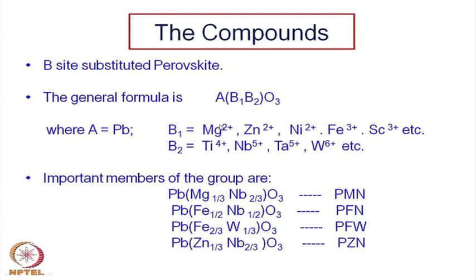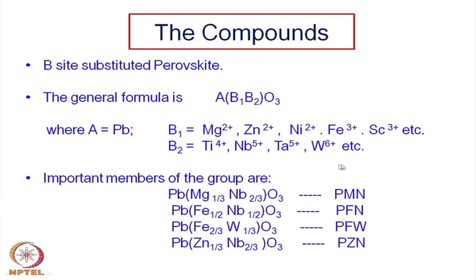B1 can be magnesium, zinc, mostly divalent or trivalent elements like magnesium, zinc, nickel 2 plus, Fe3 plus, scandium 3 plus, etc. So, either it is 2 plus or 3 plus. Consequently, B2 will be either 4 plus or 5 plus, or it can be 6 plus even.